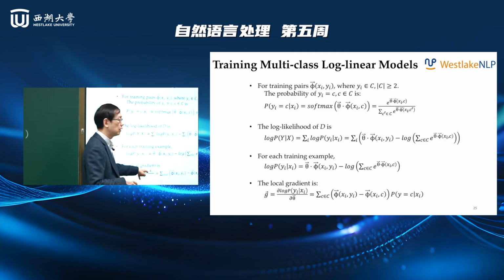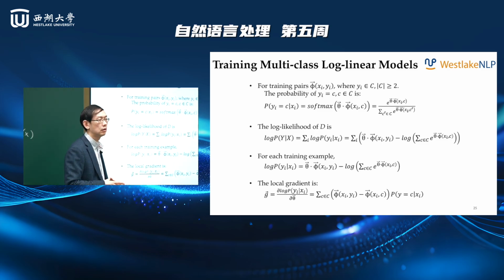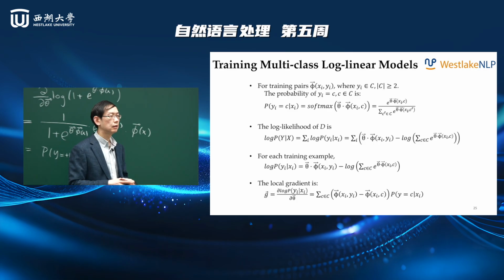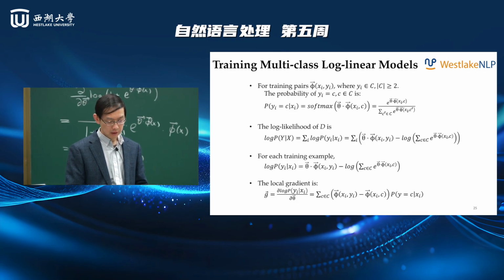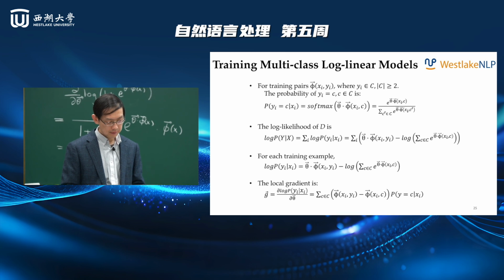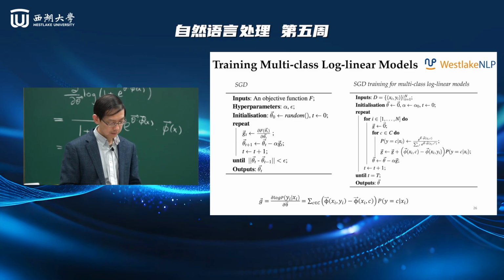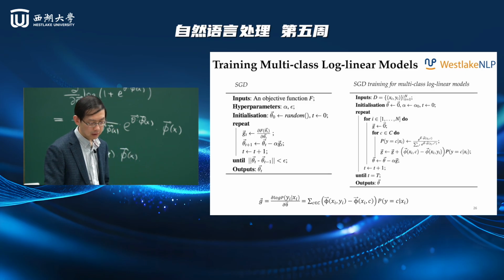And then this thing summed over all incorrect c's, okay. That's the conclusion. So if I replace that into the log linear model, we arrive at something like this, okay?